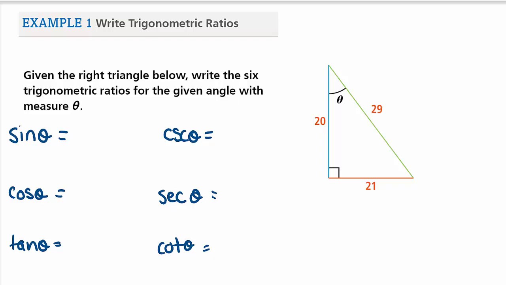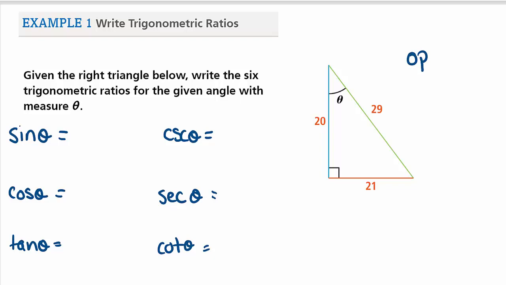I wrote them down so they pair horizontally with their reciprocal, meaning that if we can identify sine, cosine, and tangent, then we've already found cosecant, secant, and cotangent because all we have to do is take the reciprocal. Let's look at the right angle triangle and name the side.